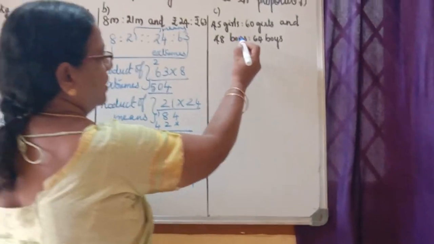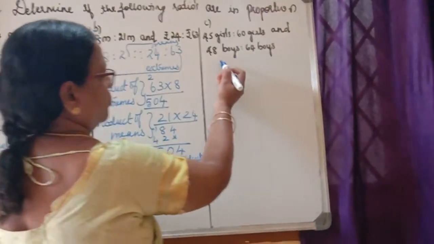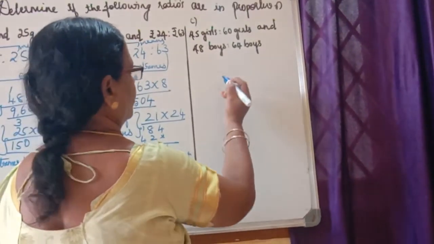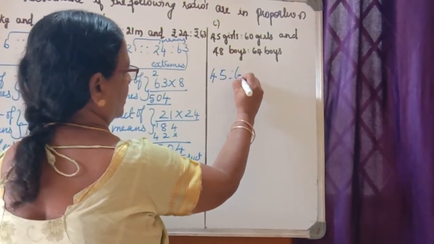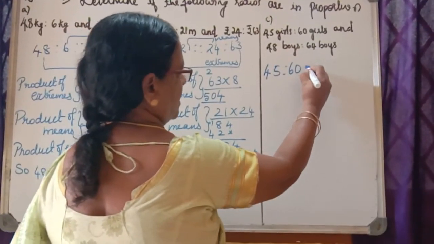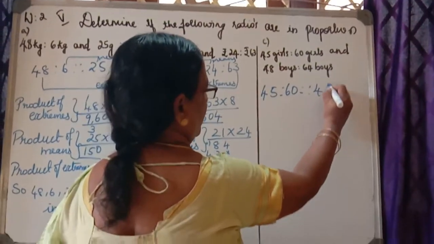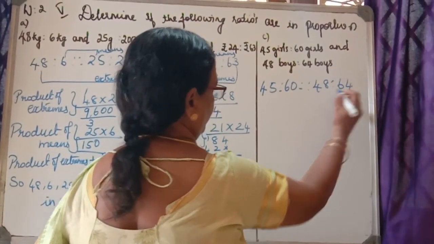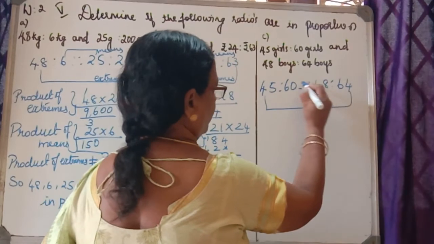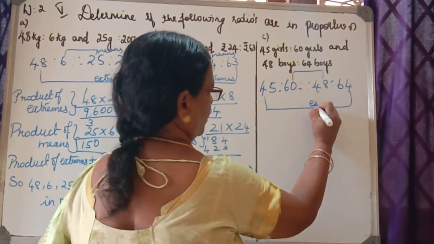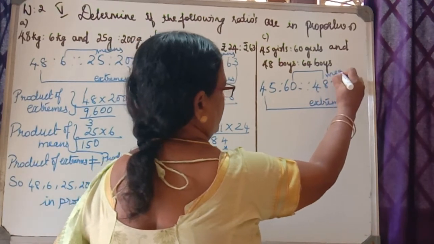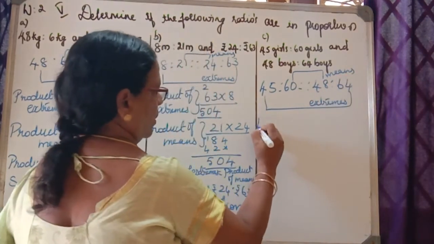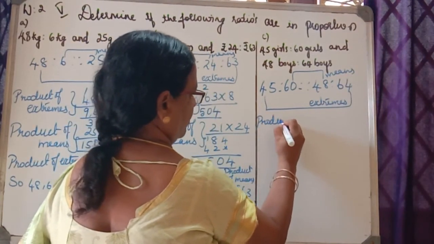Here 45 girls is to 60 girls and 48 boys is to 64 boys. Now we'll write it in proportion form. 45 is to 60 as 48 is to 64. Now we have to find the product of extreme and the product of means. This is extreme, this is means. What is the product of extreme?